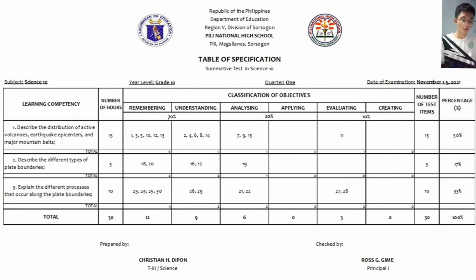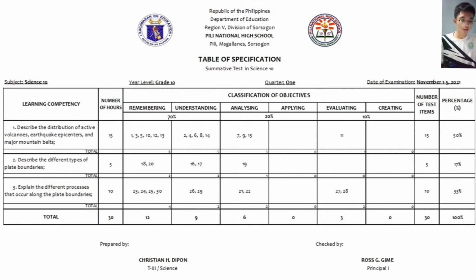So the total of 30 items times the percentage, 50%, is equal to 15. So that concludes that in learning competency number 1, the number of test items is 15.